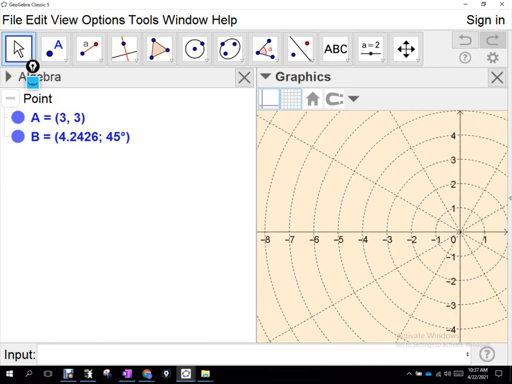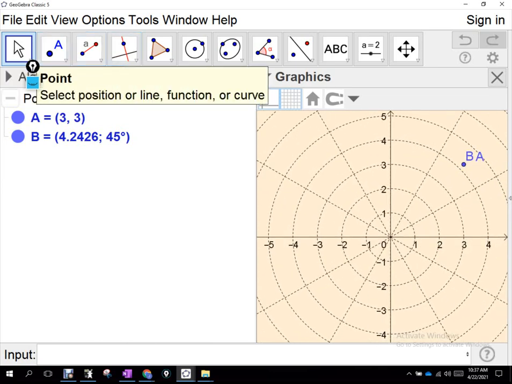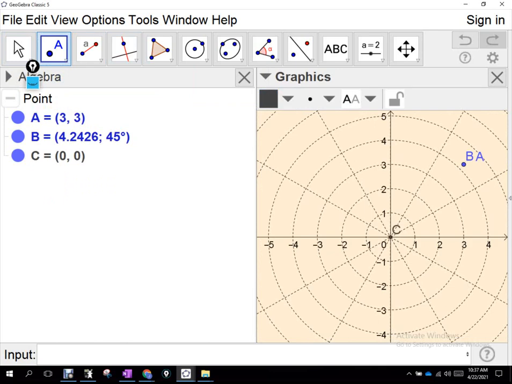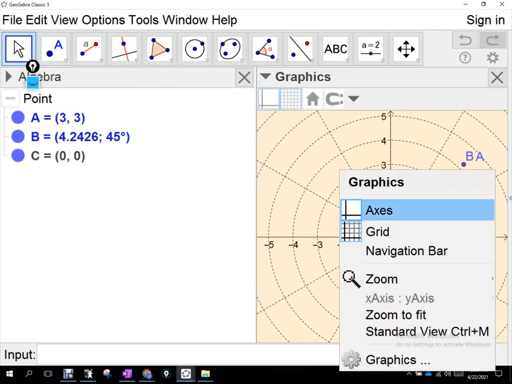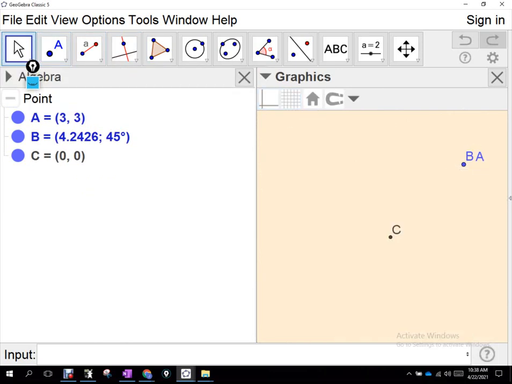Okay, so if I want to go from, I'm just going to put that point right there, point C, and I'm going to hide my axes and I'm going to hide my grid. Okay, and if I told you to go from C to point B, point A, but there was no grid up there, how are you going to do it? How am I going to give you those directions? It's going to be kind of hard, right? Okay.